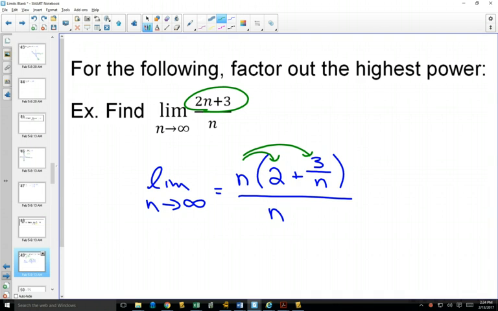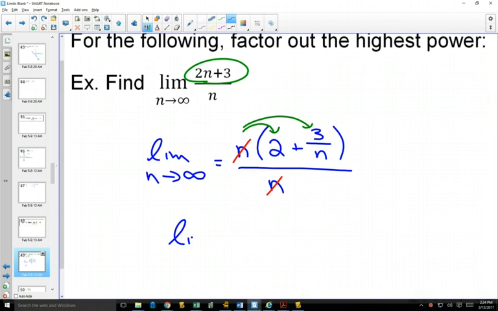If you factor out that highest power, now these n's will simplify, and our limit is just the limit as n goes to infinity of 2 plus 3 over n.